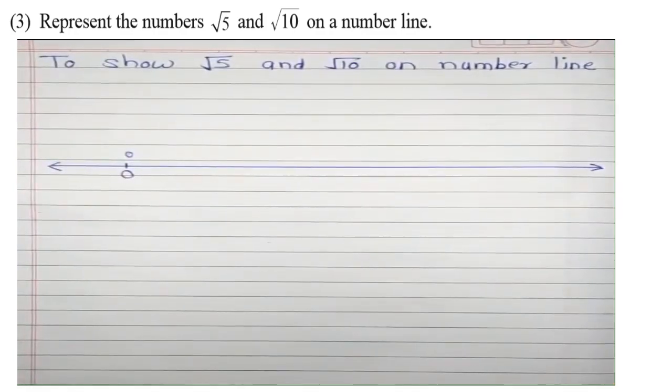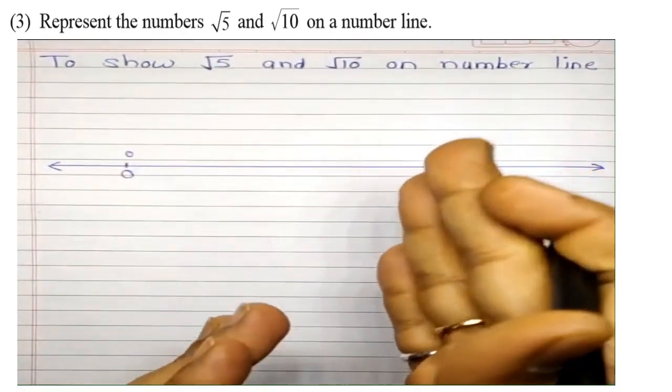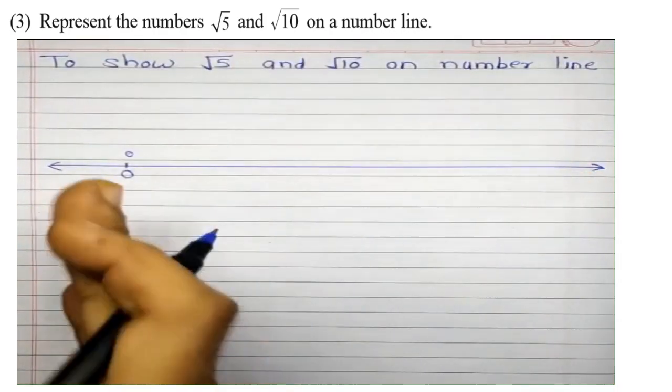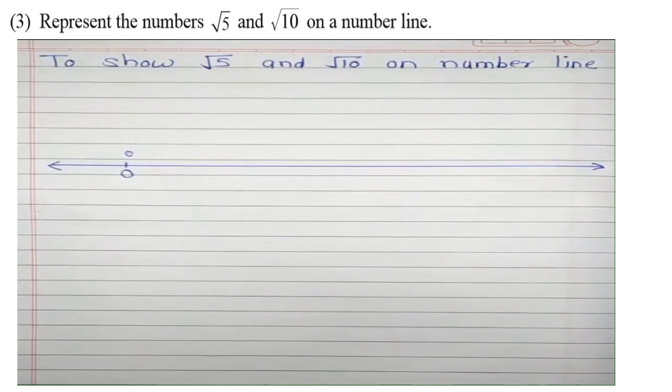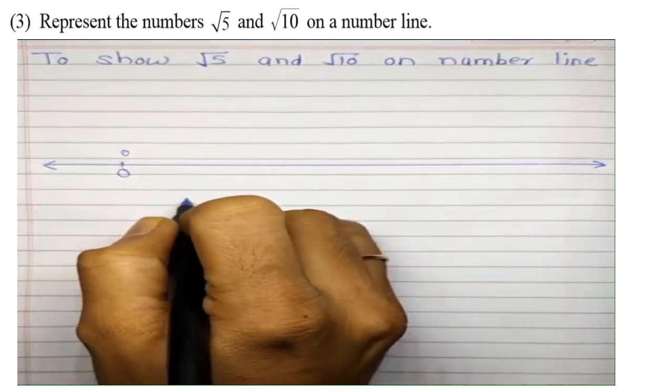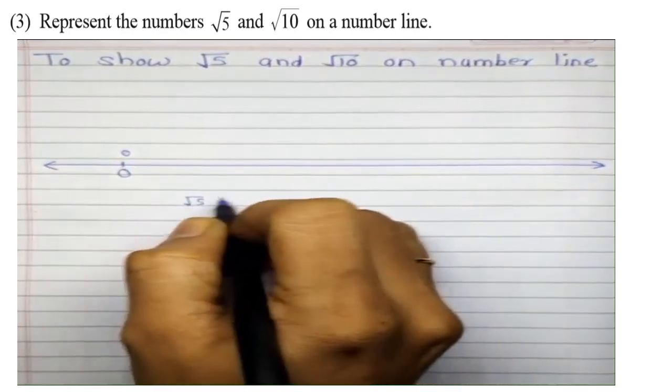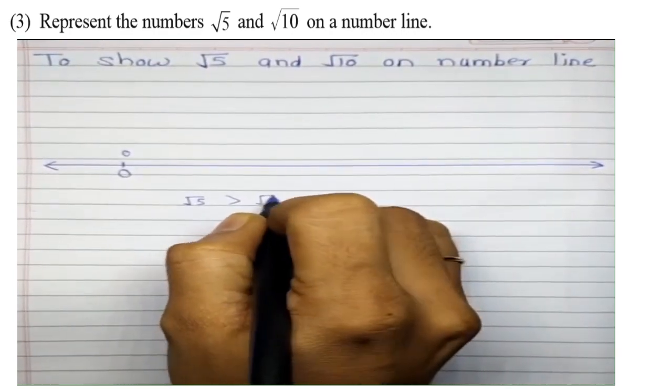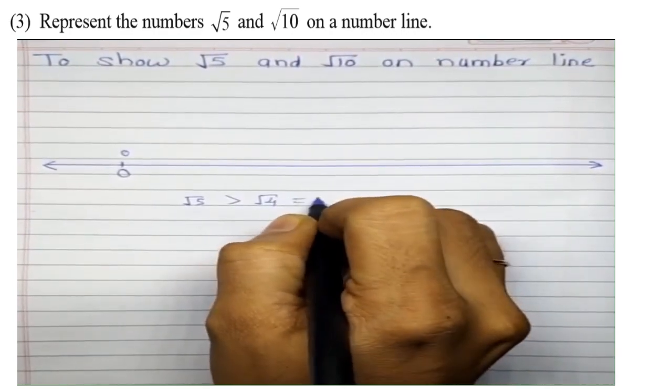Afterwards, root 5 and root 10, they are positive numbers, so they lie on the right hand side of the number line. That you know. One important thing to understand is, here, root 5 is greater than root 4, that is 2.